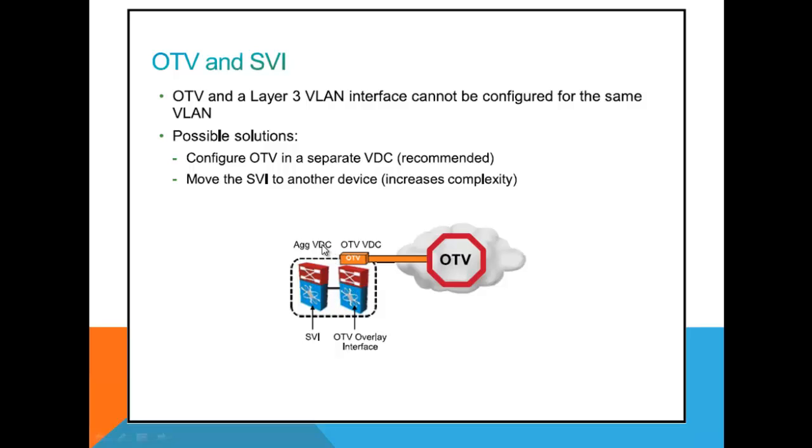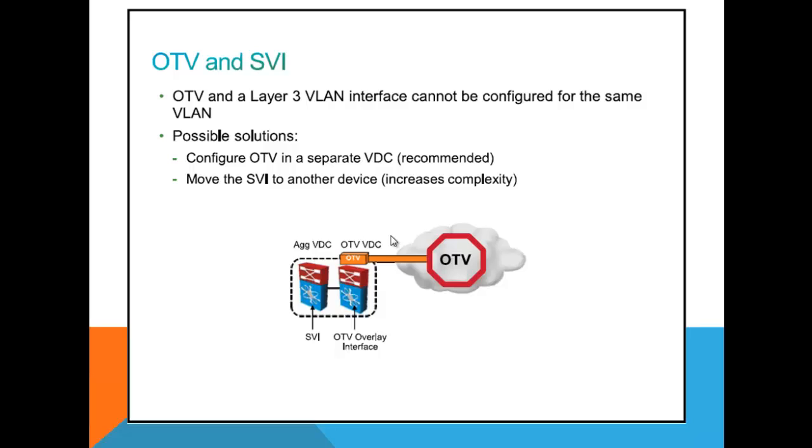See, 7000 supports VDC. But what will be the impact if we use the same VLAN for both of them? Good question. See, what does SVI do? Switch virtual interface does what? That is not doing any encapsulation. Meaning, they don't take layer 2 and encapsulate it with layer 3. But OTV does encapsulation. So they are two different nature. How can I have the same VLAN traffic? One says I'll simply send without any encapsulation as just a normal routing.